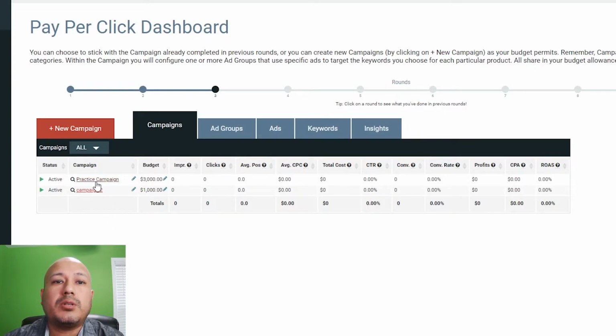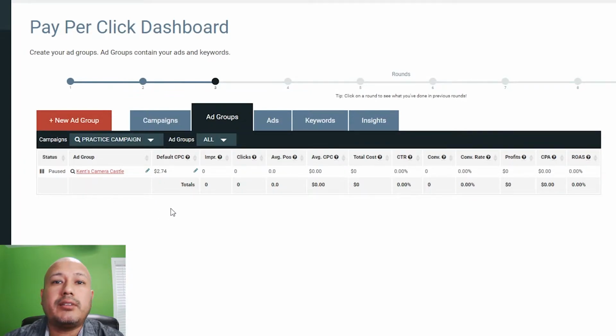So let's take a look at the first campaign that he ran. In the first campaign, which is the practice campaign, he has only one ad group, and that ad group itself is paused.